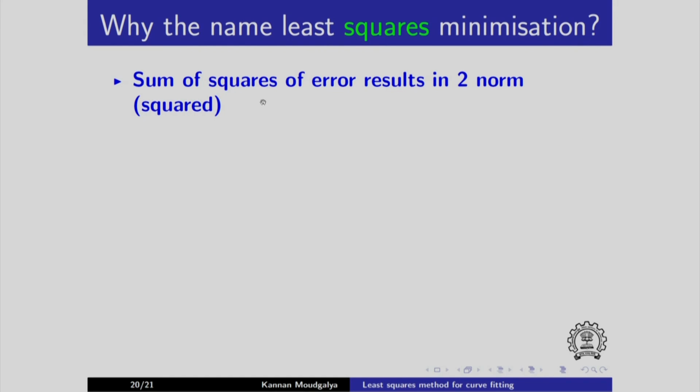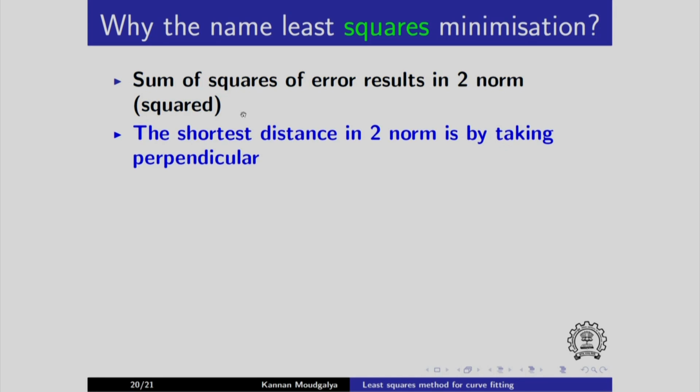Why do we call it least squares minimization? Because we took the sum of squares of error and this results in 2 norm squared. The shortest distance in 2 norm is obtained by taking a perpendicular.